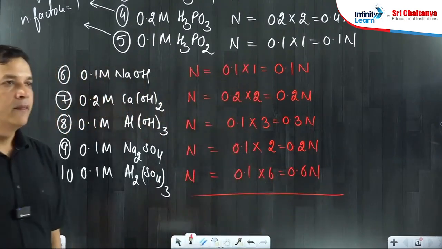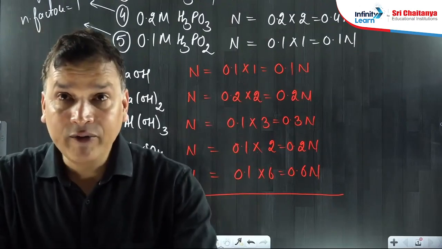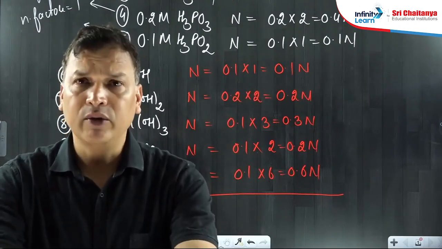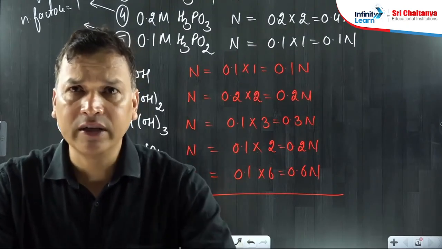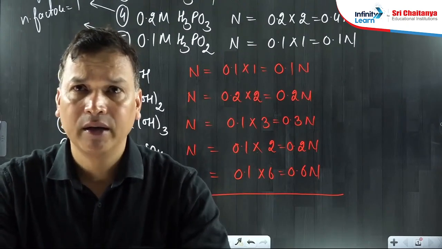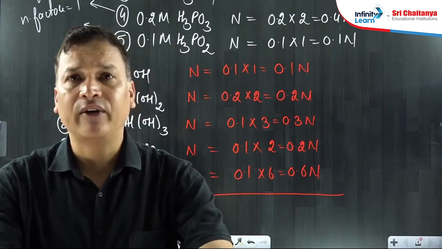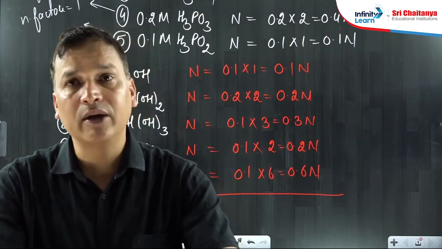Now first of all, confirm me, then I will move further. We are given the molarity of the solution of an acid, base, or salt, and we can convert that into its normality by multiplying with its n factor. The n factor of acid, base and salt can be calculated.